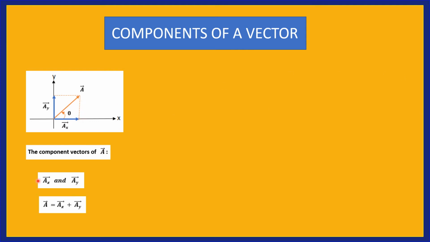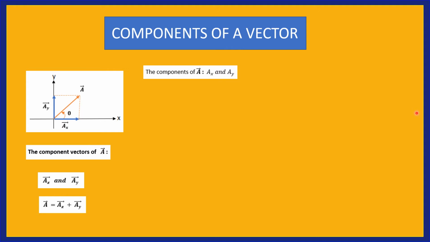So in vector form, this vector A is drawn from the tail of the first vector, A_x, plus A_y, to the head of the last drawn vector. So that's why we can write A equals A_x plus A_y.